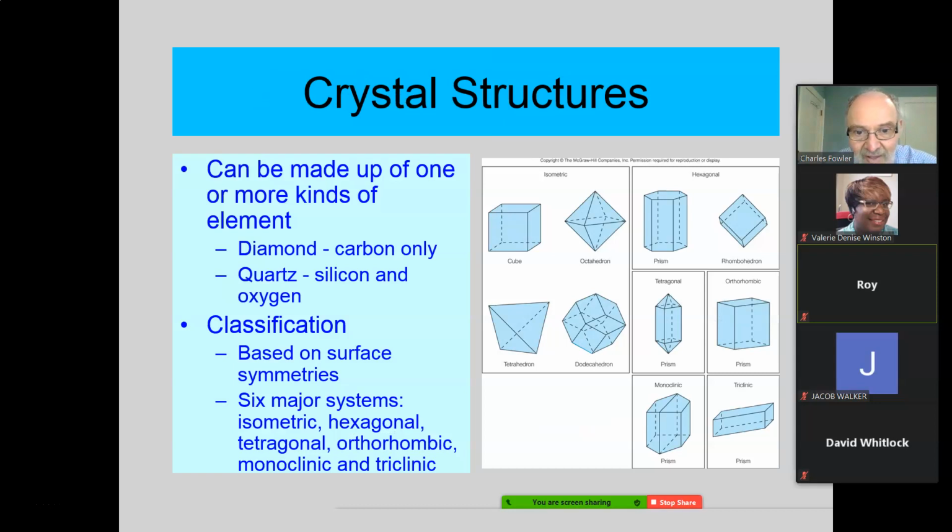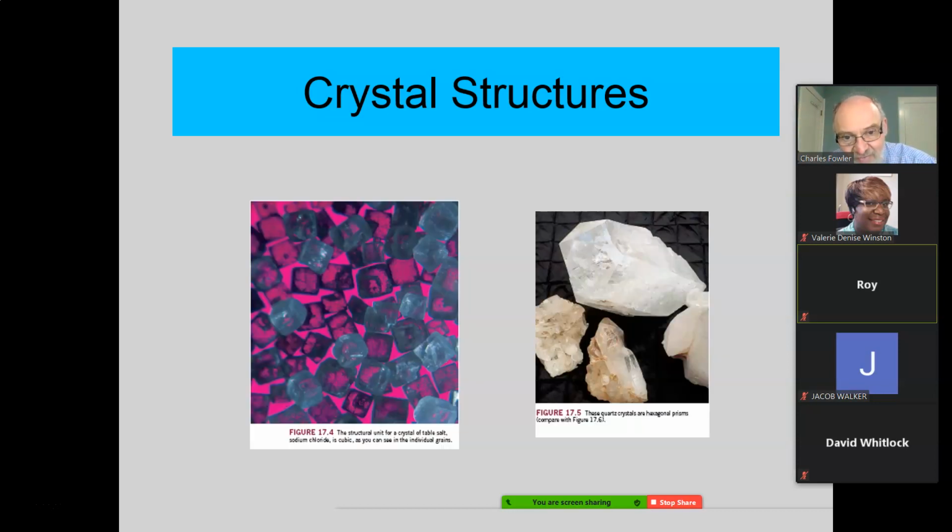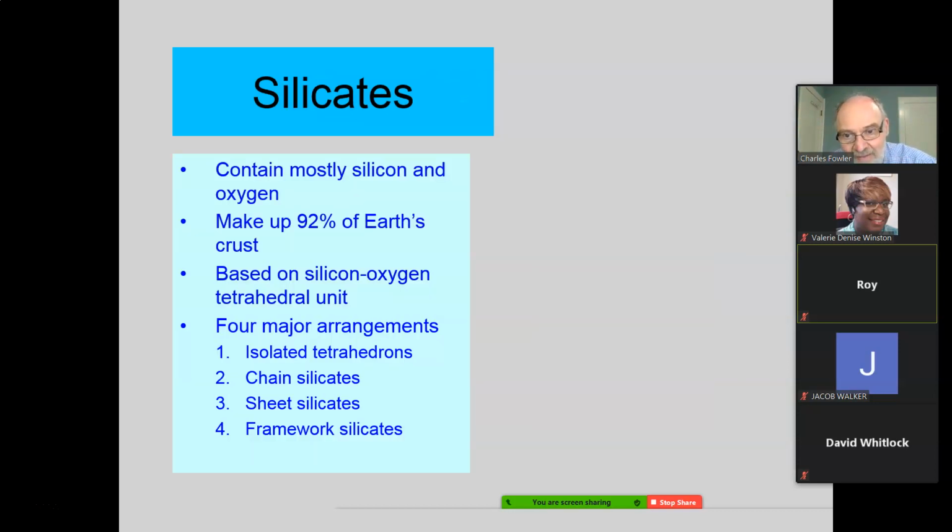Let's go back to that again. Notice here the silicon would be in the center down here, and there's an oxygen 1, 2, 3, 4. All equilateral triangles, all distances and everything the same. That's your basic silicate structure. Silicon in the center, oxygens on the vertices. Okay.